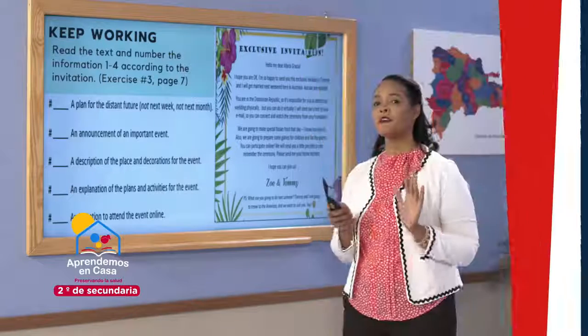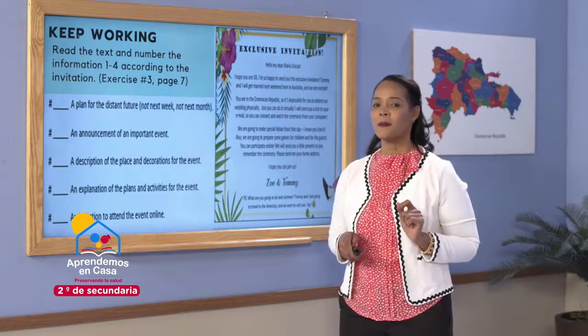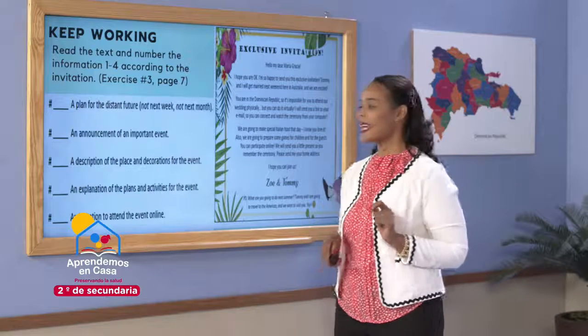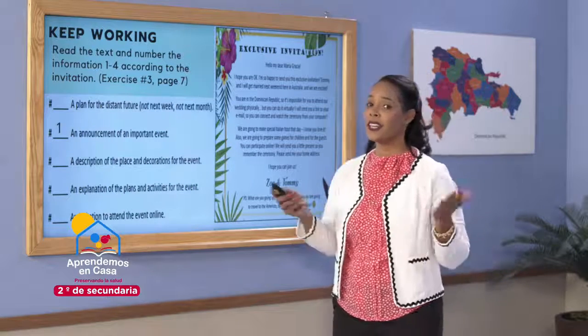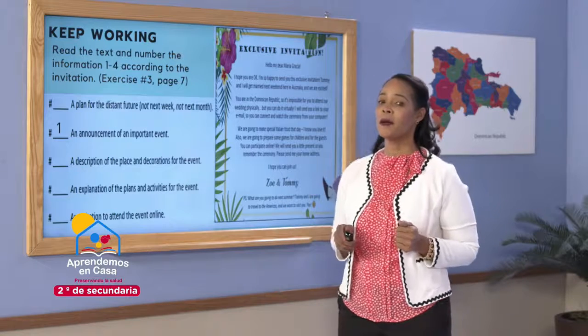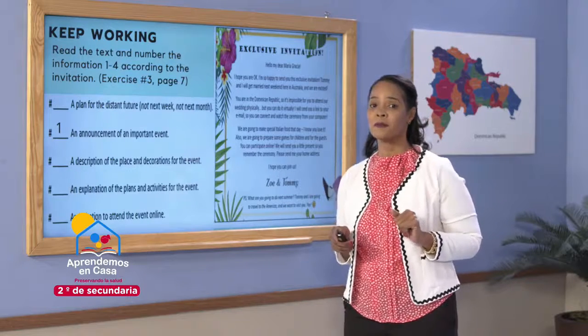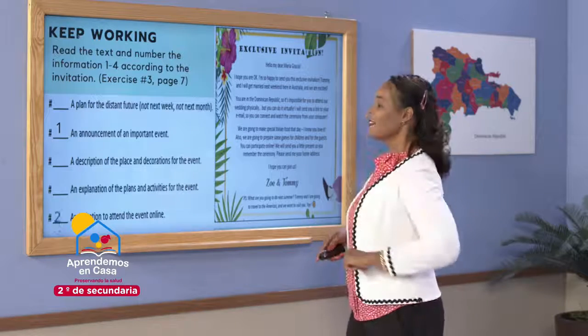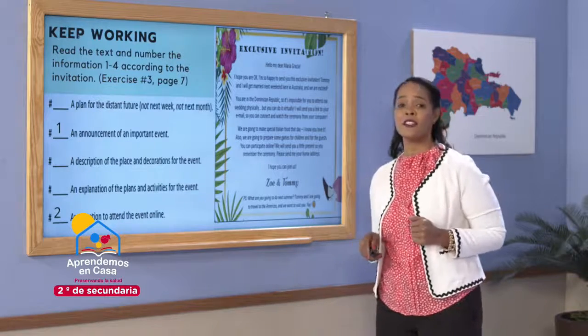Which one is the information number 1? ¿Cuál es la información que aparece primero? Exactly, an announcement of an important event. El anuncio de un evento importante. Which one is the number 2? Very good. An invitation to attend the event online.